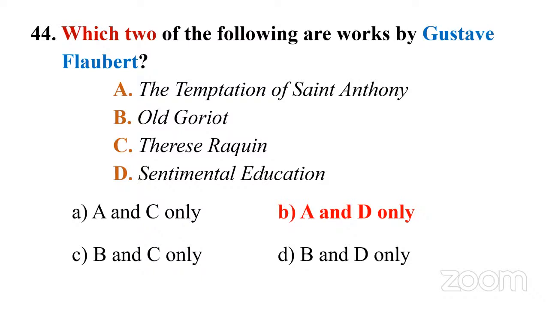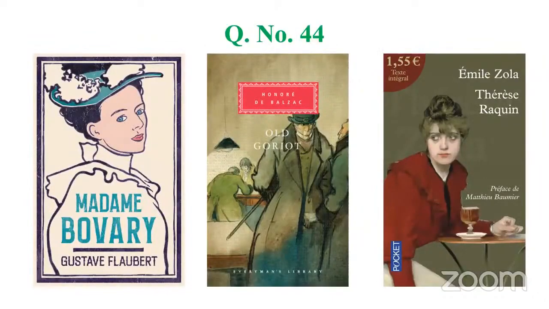So what we can infer from this question is that whenever we come across a classic writer like Gustave Flaubert, or Leo Tolstoy or Dostoevsky, we have to go through not only their famous work, but also some obscure works too. So that's how this question is set. So let's see. Question 44. Anyway, you should read Gustave Flaubert's Madame Bovary.